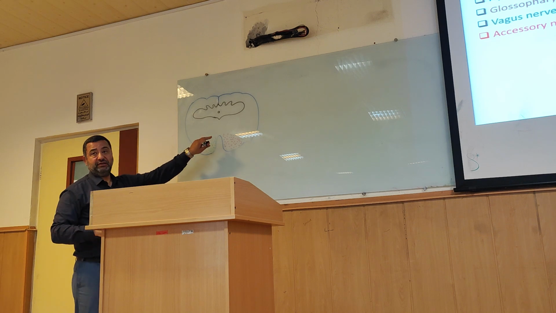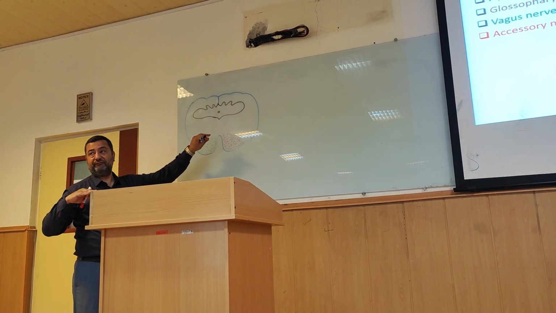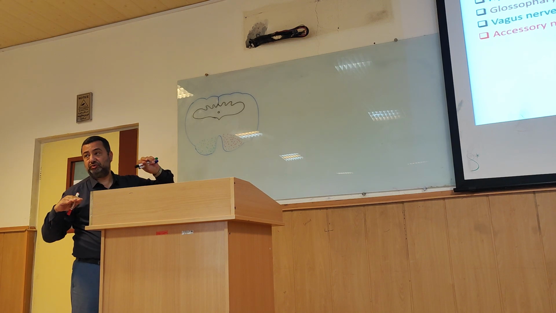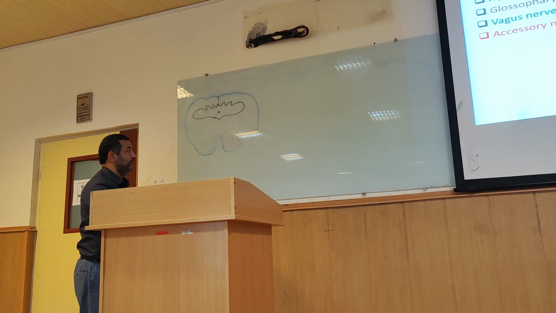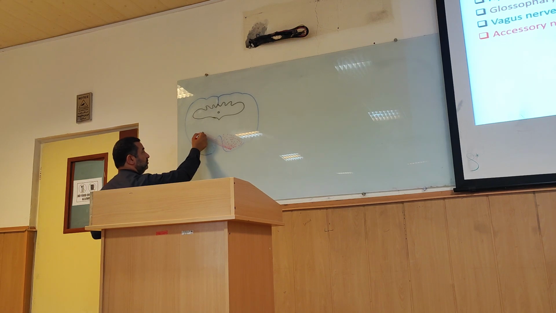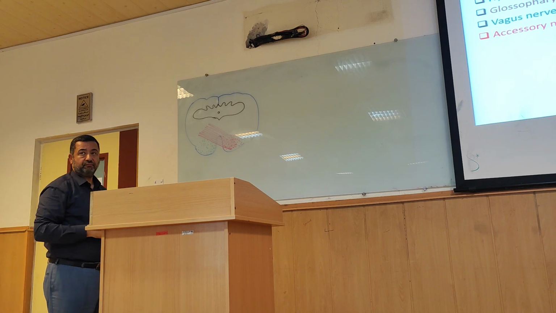In this section, in the inferior part of the medulla oblongata, 75% to 80% of left side fibers go to the right side. Okay?